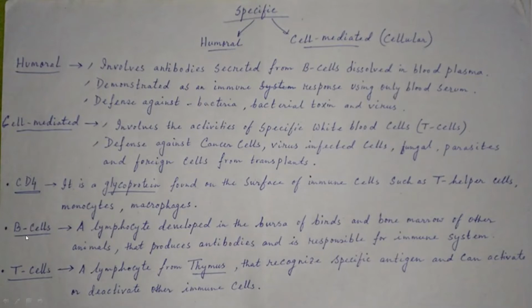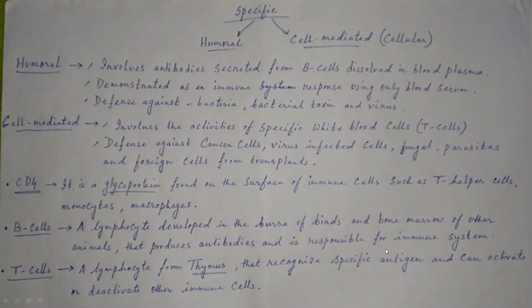Okay. Now B cells and T cells. You have seen here B cells and T cells. So what are those? B cells is B lymphocyte and T cells is T lymphocyte. B cell is a lymphocyte developed in the bursa of birds and bone marrow of other animals that produces antibodies and is responsible for immune system.